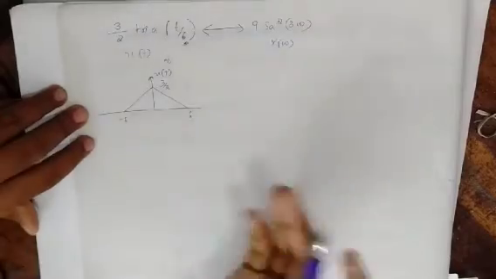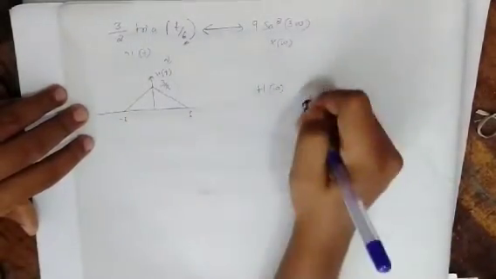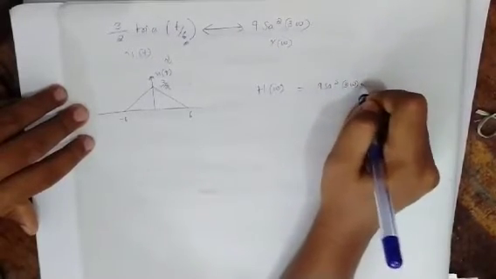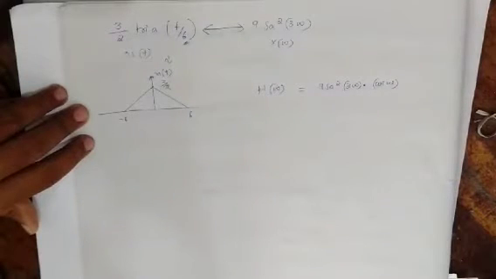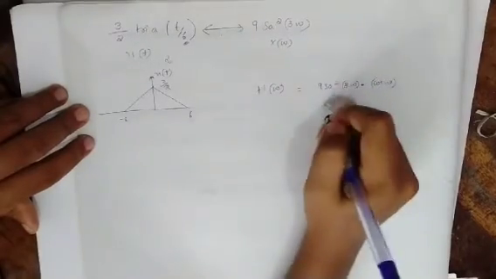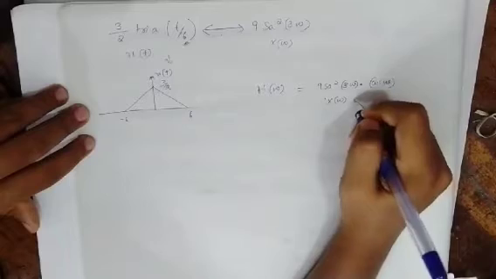And now, I am going to come back to the question. Our h of omega was originally 9 sampling square 3 omega into cos omega. This is our x of omega, we have already written it.